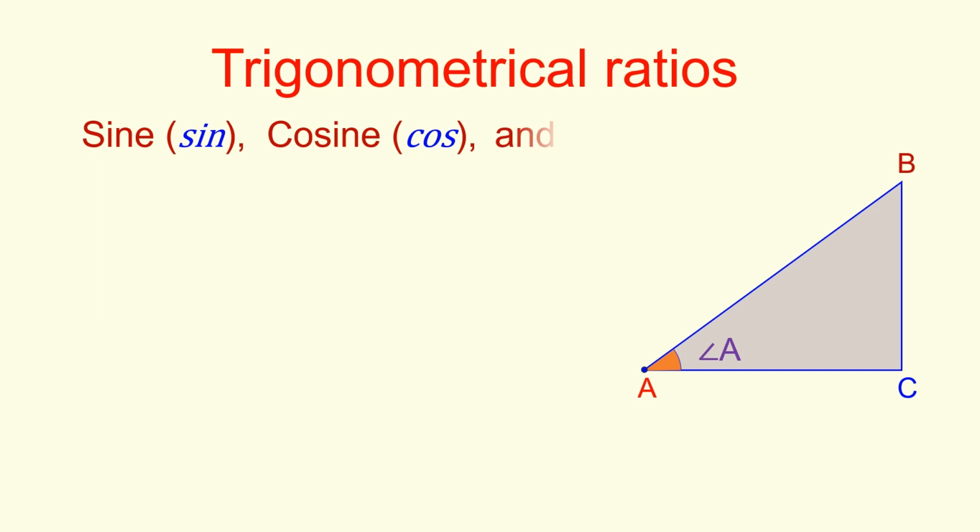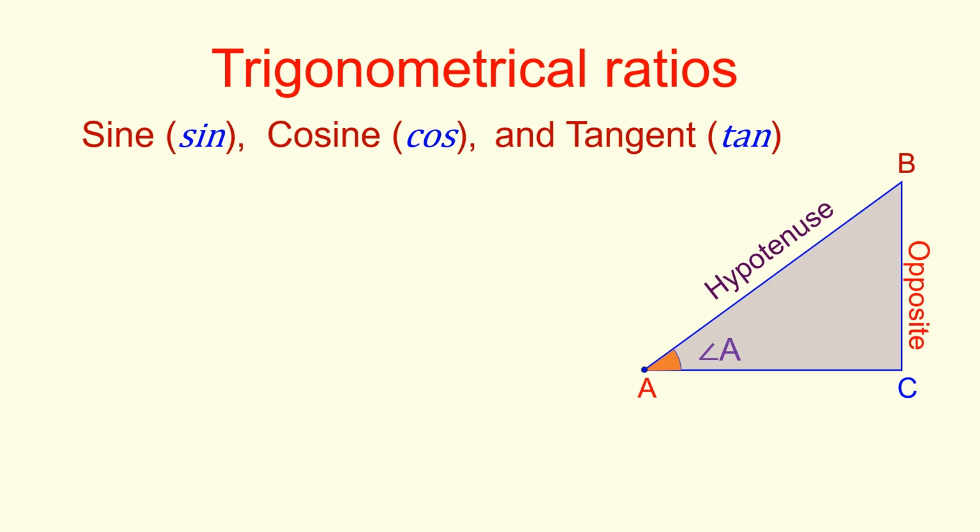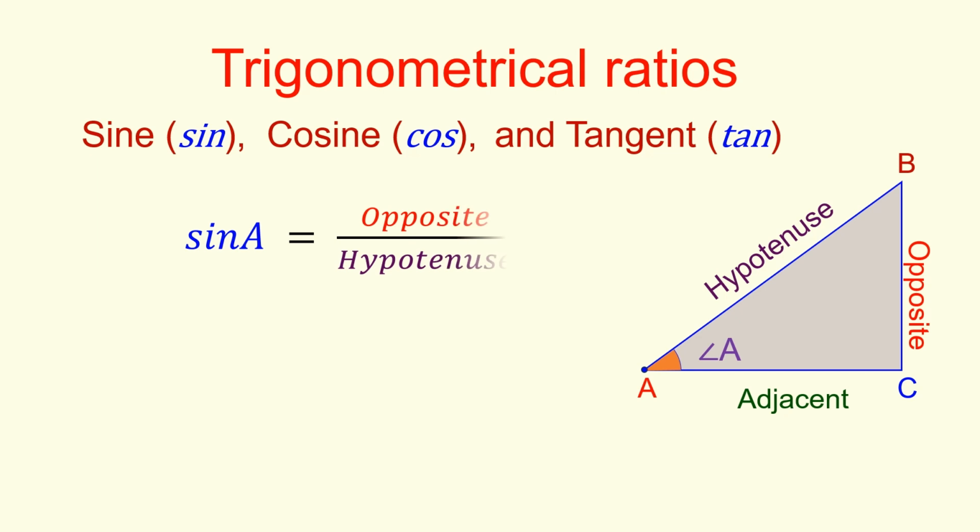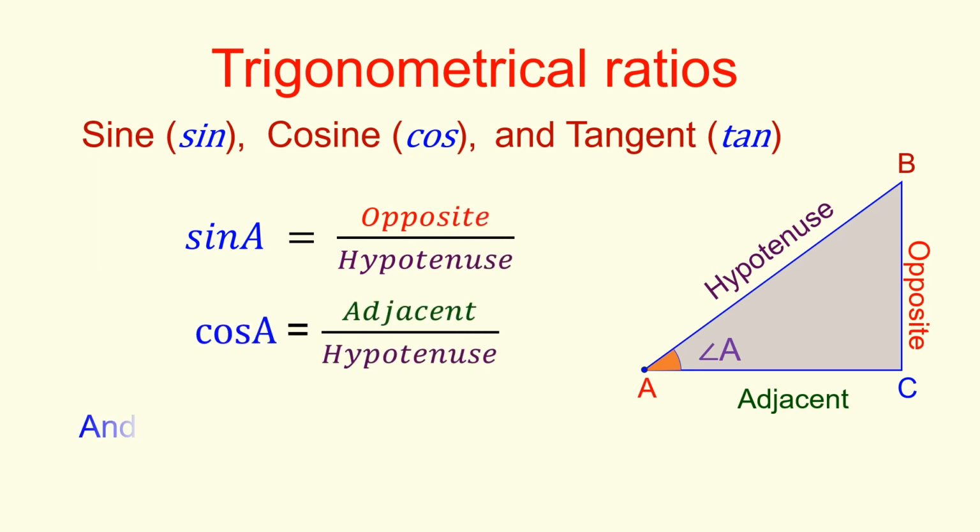In short, we use sin, cos, and tan, or sin A, cos A, and tan A. Sin A equals opposite divided by hypotenuse. Cos A equals adjacent divided by hypotenuse. Tan A equals opposite divided by adjacent.